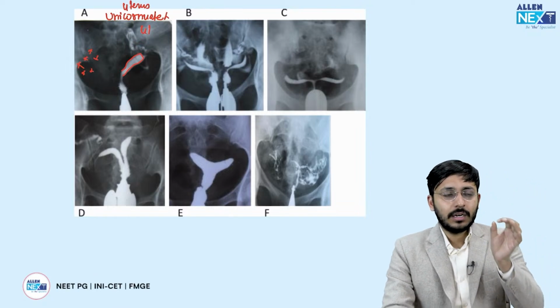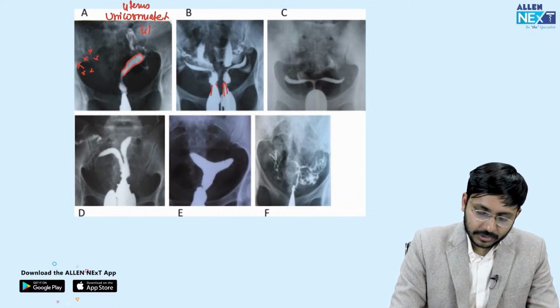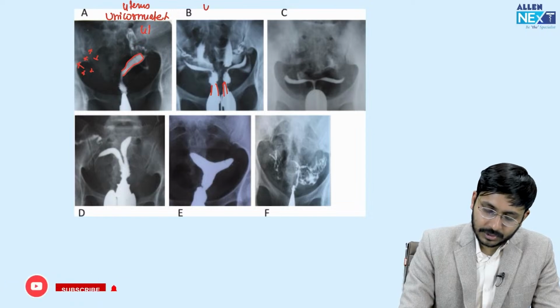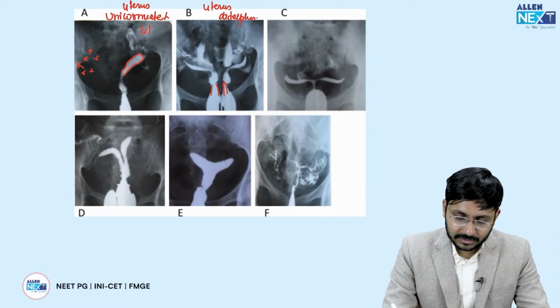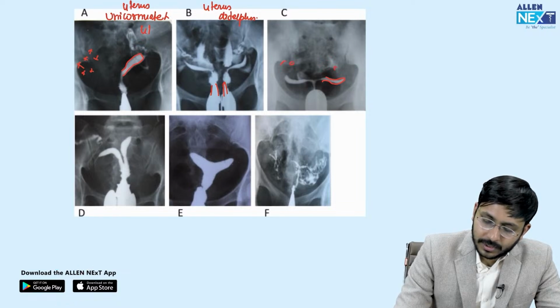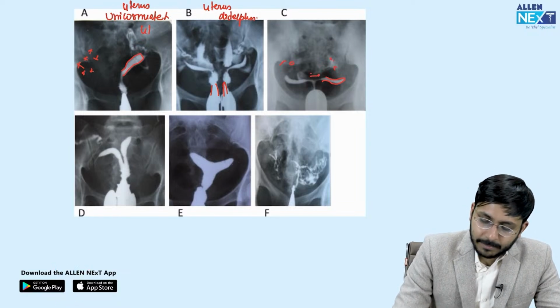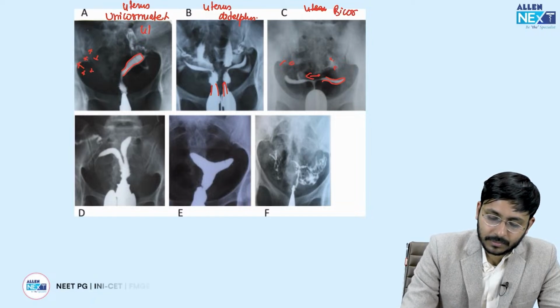Okay, if there are two cervix, two vagina, and you have to cannulate them both individually, then that becomes a uterus didelphus. Similarly, if there are two uterine horns, each of them showing their own peritoneal spill and they are wide apart, then that is a bicornuate uterus.